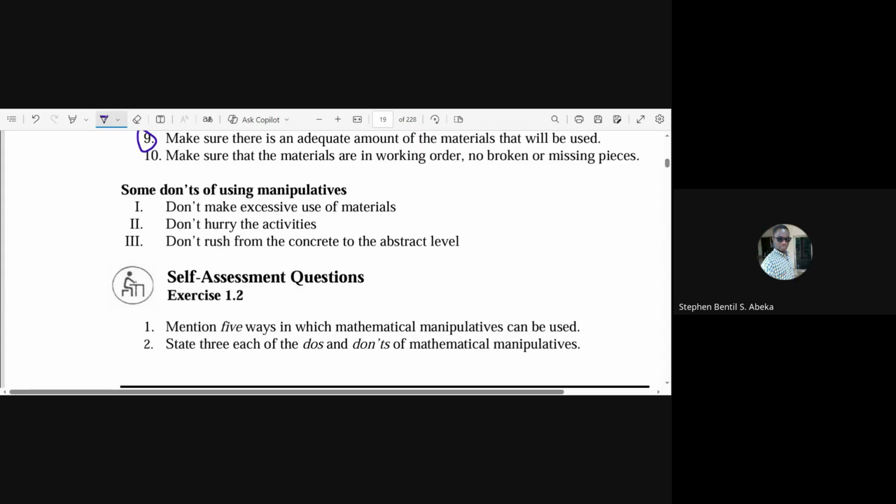Yes, excessive use can also lead to a negative way, because they've used it for quite a long time, they become too familiarized, so they try to play with the whole thing. Though you may be serious about it, they play around because they've used it for quite a period of time.